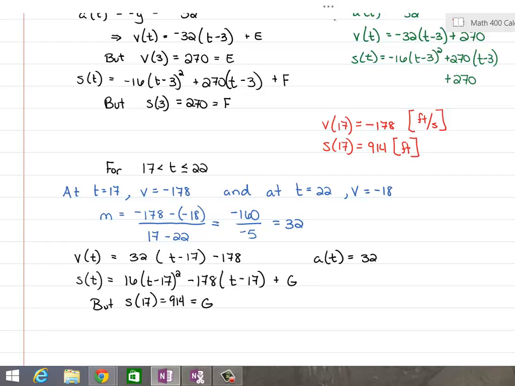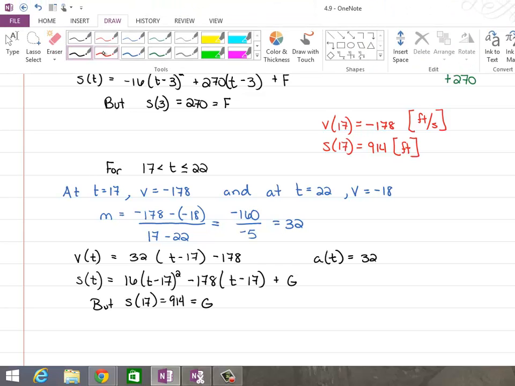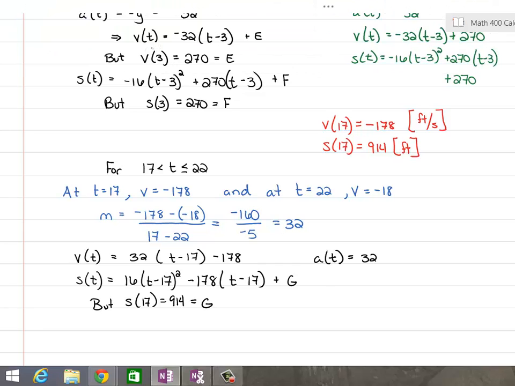So this gives me my next three functions. I'll write those in green, even though I'm rewriting the acceleration here, it's 32. The velocity is 32 (t minus 17) minus 178.